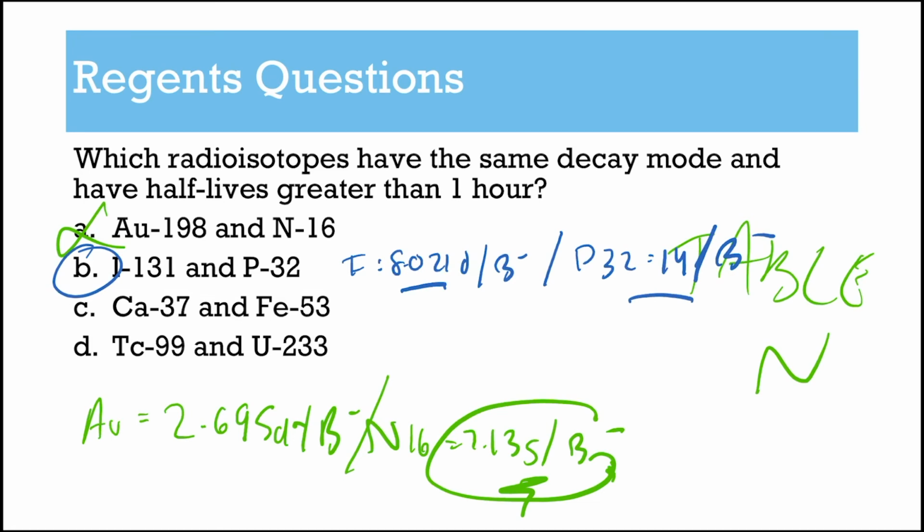Just because I'm running out of room and it's going to get really messy, I'll just explain C and D. For C, calcium-37 has a half-life of 2.13 times 10 to the 5 years and beta minus decay. Fe-53 has a half-life of 1.592 times 10 to the 5th years, both of which are way over an hour, but the decay mode of Fe-53 is alpha, which is not the same as beta minus. And D, they both have half-lives way over an hour, both of them have it times 10 to the 5 years, but the half-lives are different. One is beta minus, one is alpha. So the answer has to be B.